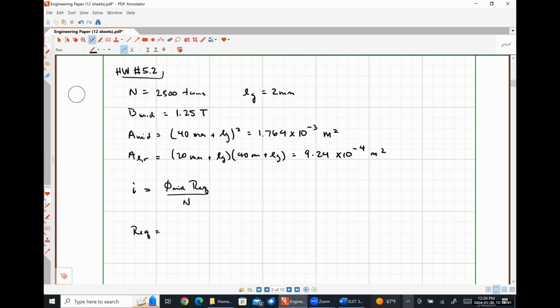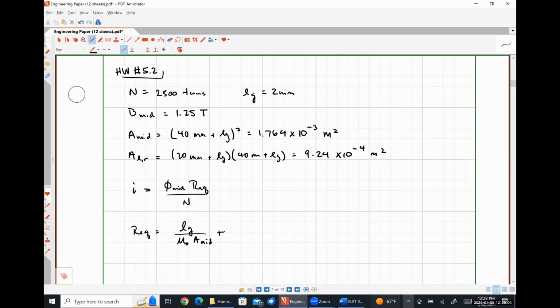The equivalent reluctance is going to be the reluctance of the middle air gap, so that's LG over mu naught A mid.